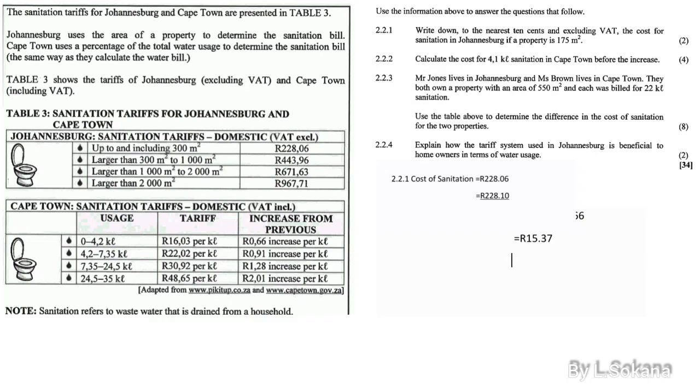Moving to the third step. The first step was to determine which bracket 4.1 kiloliters fall under. The second step is to find the tariff amount before VAT. Then the third step is to multiply 4.1 kiloliters with the amount before VAT.